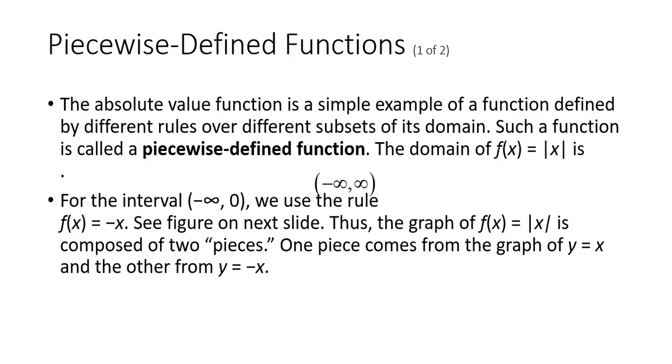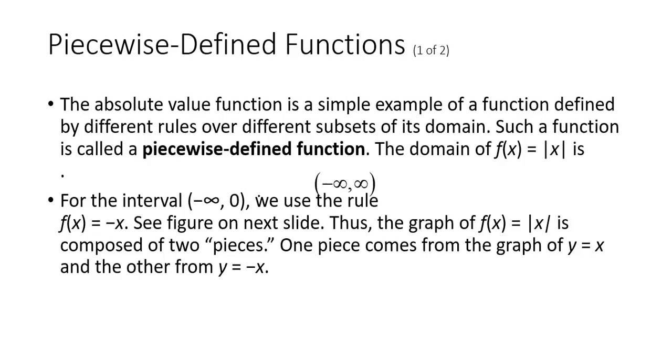The domain of f of x equal to absolute value of x, as you recall, would be from negative infinity to positive infinity. For the interval from negative infinity to 0, the function has a different rule from 0 to positive infinity.